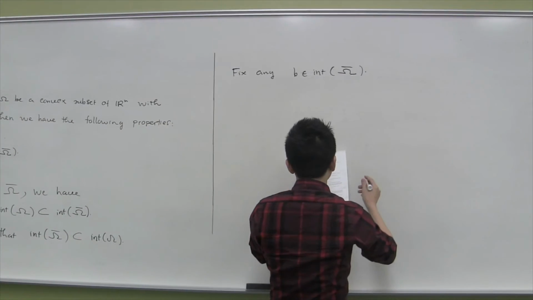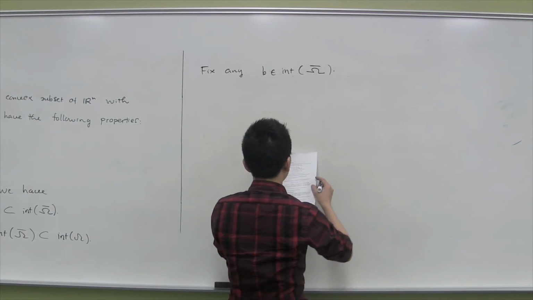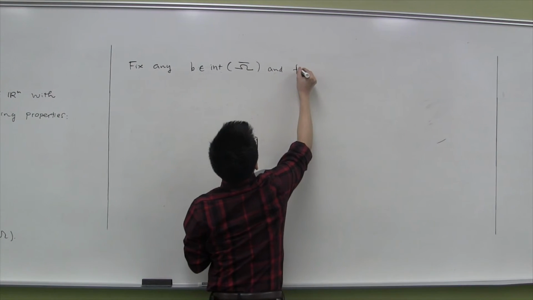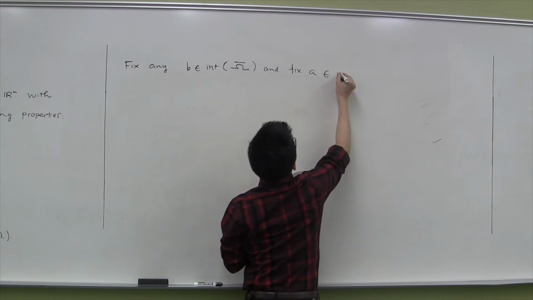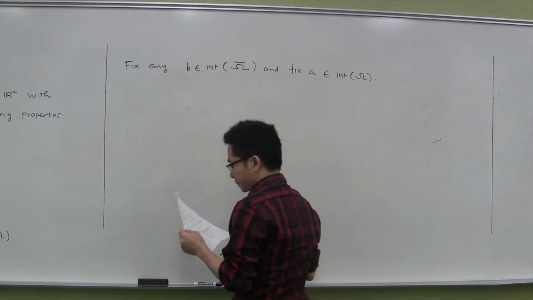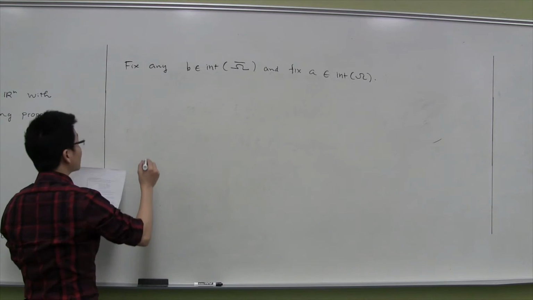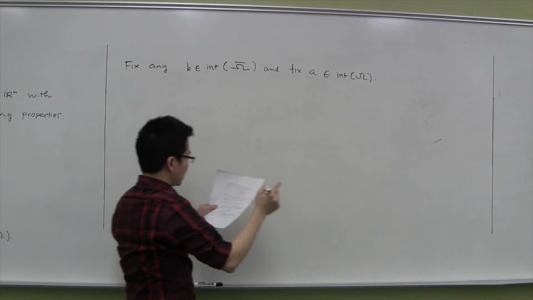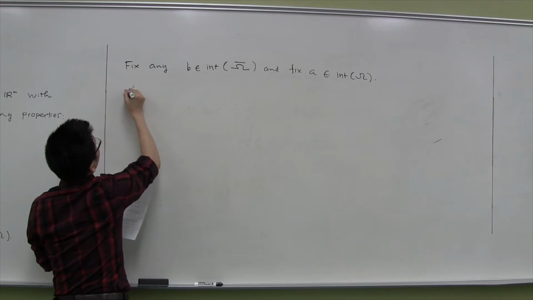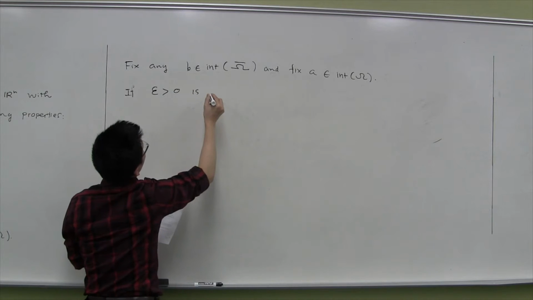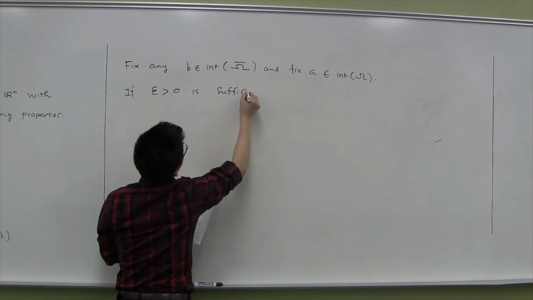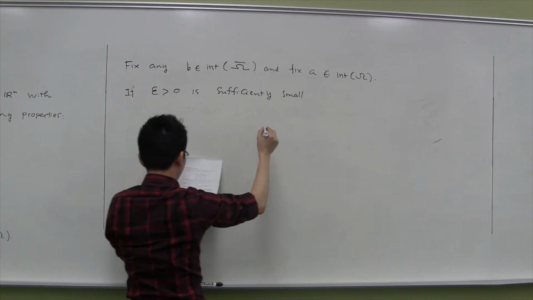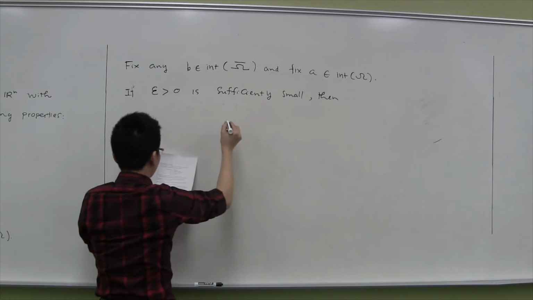So we can take an element A in the interior of omega, and fix A. Now, because B is in the interior of the closure of omega, if epsilon is sufficiently small, then we have the following.